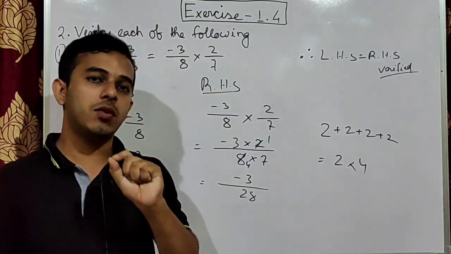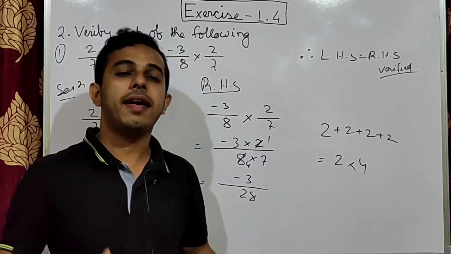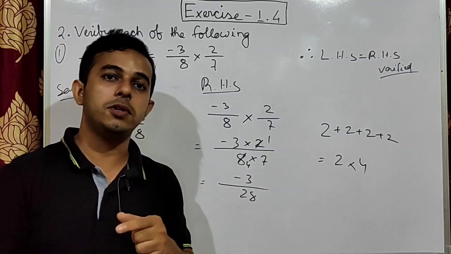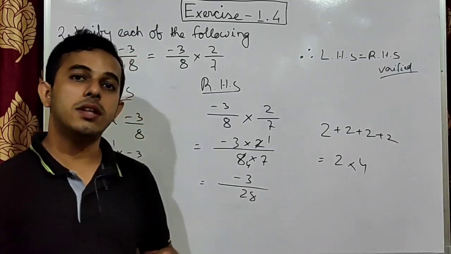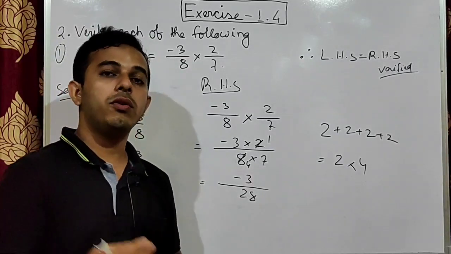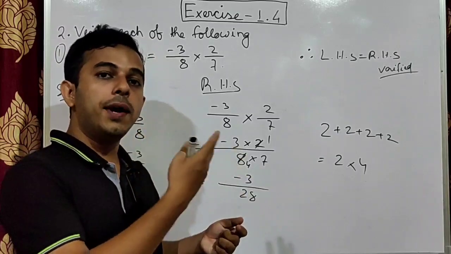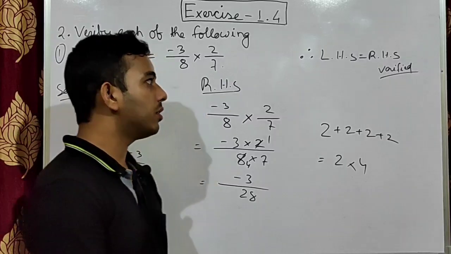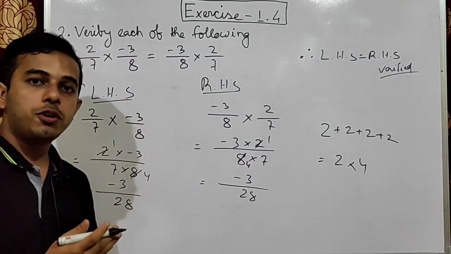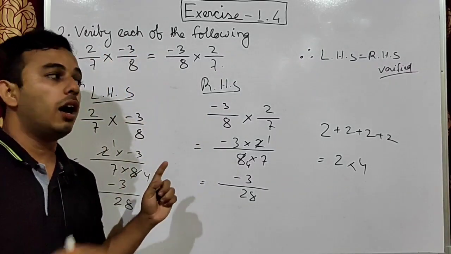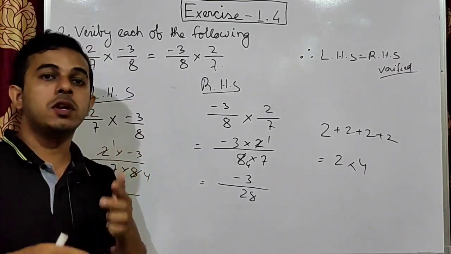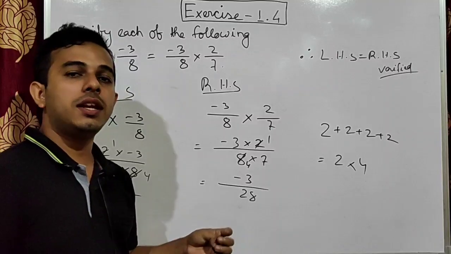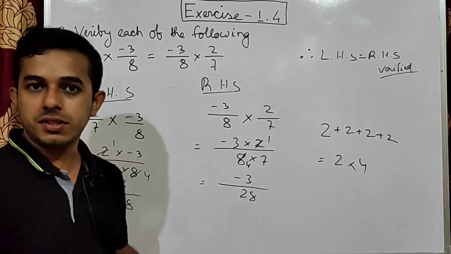In a nutshell, I want to say that multiplication is the elder brother of addition, and division is the elder brother of subtraction. When we divide, we subtract, right? Very good. I hope this is clear to you. Commutative property of addition and multiplication holds good. That means if we rearrange the numbers in any way, the result will be the same.